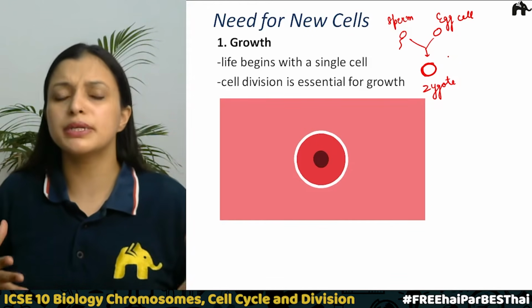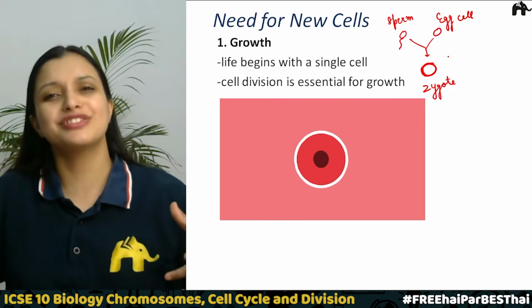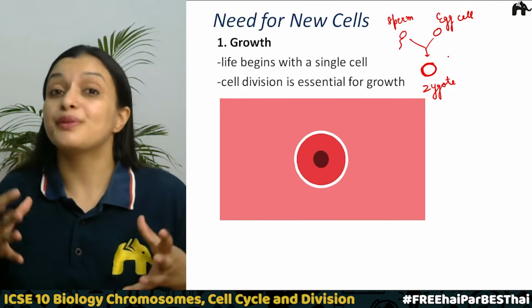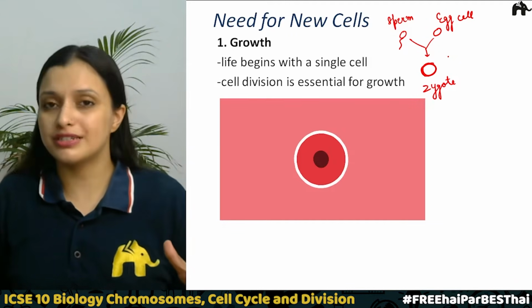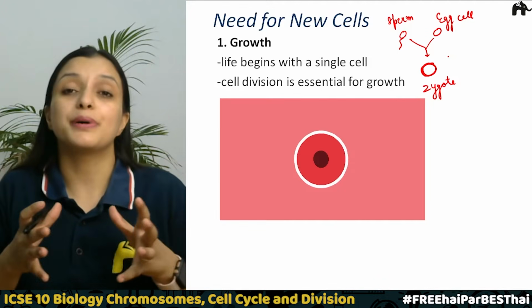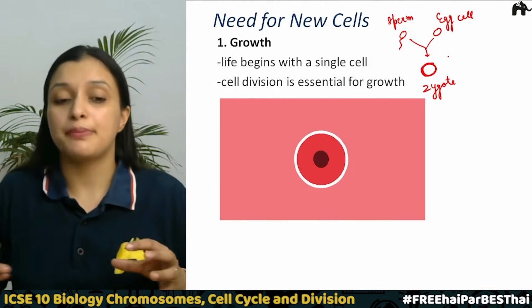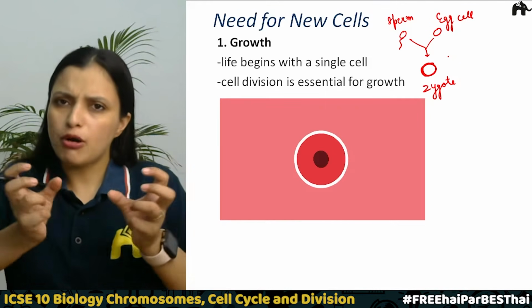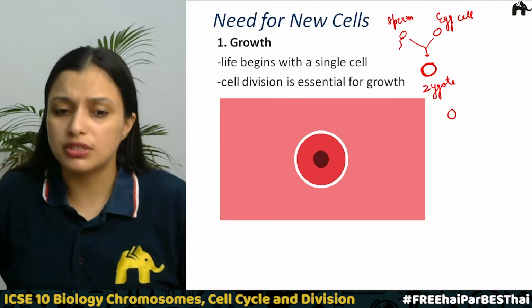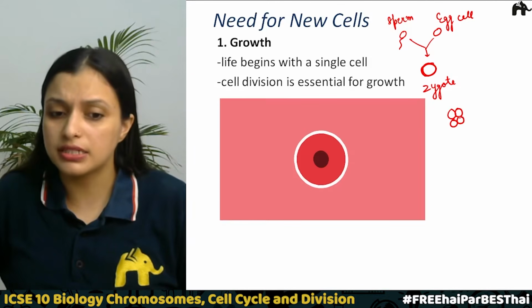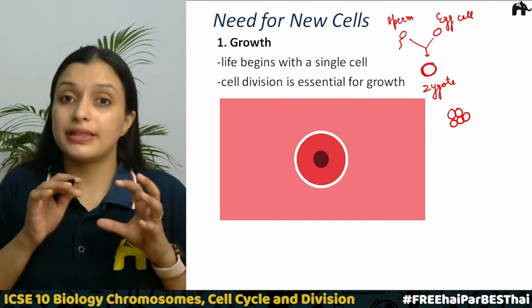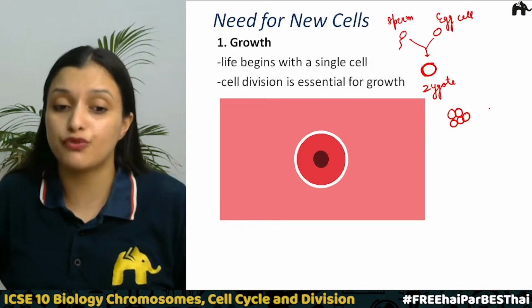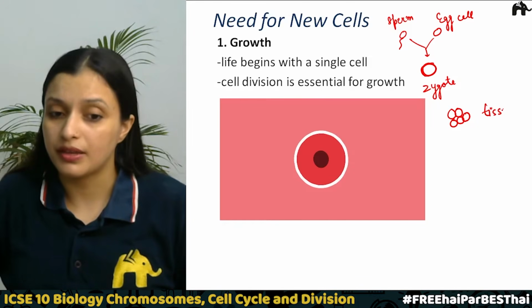Do you think we are made up of a single, huge cell? No, there are millions and billions of cells which make up a human being. These cells keep on dividing, and on dividing they form a cluster, right? When the cells form a cluster, it forms tissues.